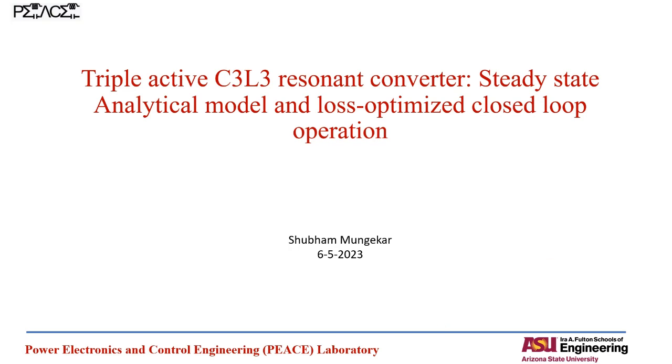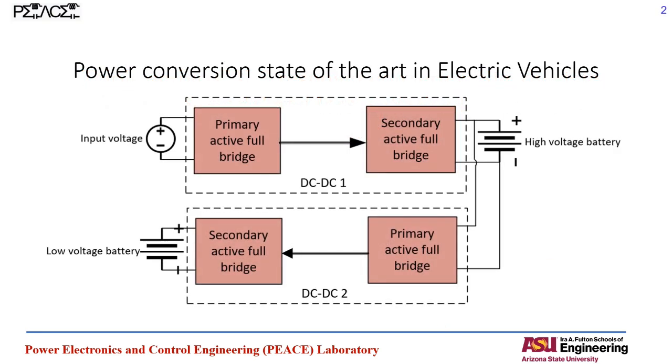First, before going into the project, we would like to look at the state of the art of power conversion in electric vehicles, where we have two types of batteries. We have the high voltage batteries for traction, and the low voltage batteries for low voltage loads such as ACs, fans, etc. In the current state we use two different DC-DC converters.